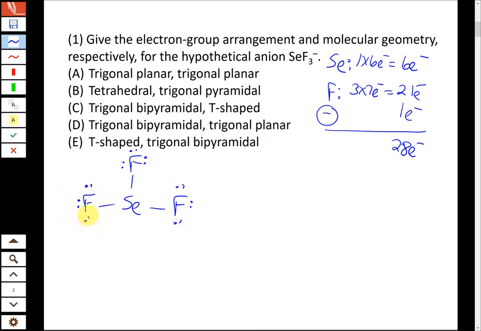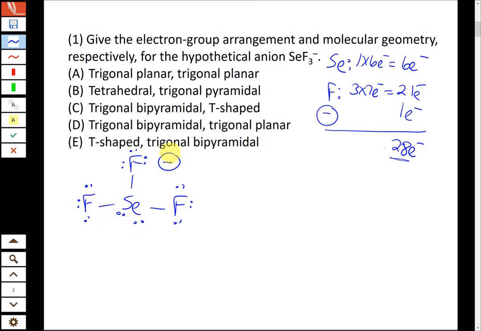So we're going to add 6 non-bonding electrons to each fluorine. We now have a total of 8 around each fluorine: 2 from the bond, 6 additional non-bonding electrons. So at this point, we've used 8, 16, 24. 3 complete octets is 24 electrons, but our entire structure should have 28. So whatever's left goes on the central atom as non-bonding electrons.